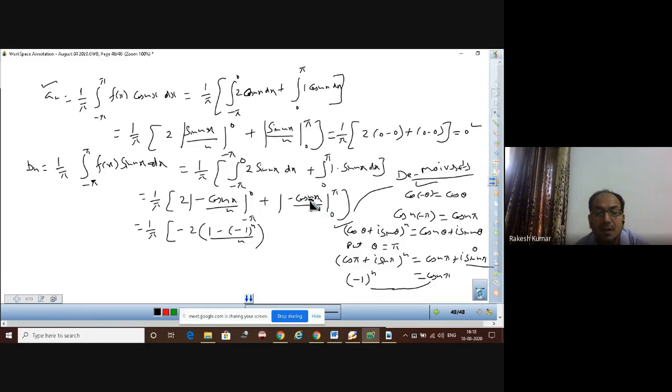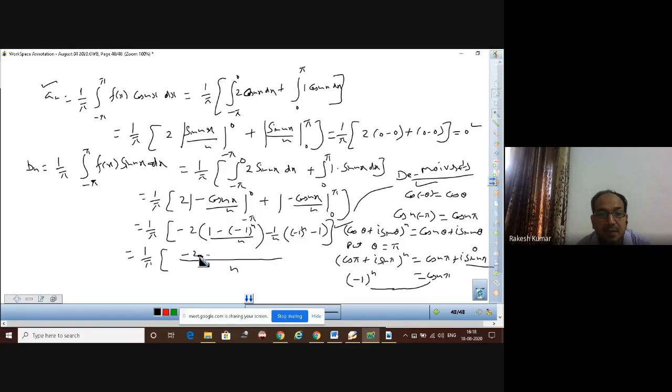Now, come over here. You can take a negative sign out. You can substitute the value of n pi here. Cos n pi is again minus 1 raised to power n. Cos 0 is 1. Here 1 over pi, and we can take the LCM.